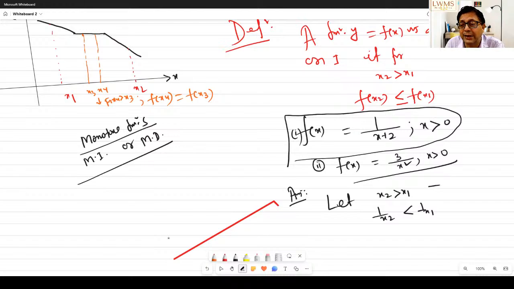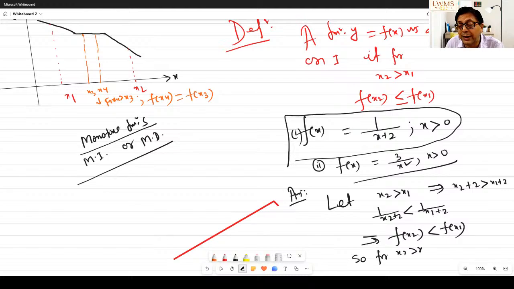Or you can write another thing, this implies x2 plus 2 is greater than x1 plus 2, you agree? So if you take the reciprocal, it happens this way. But this is f(x2) and this is f(x1).